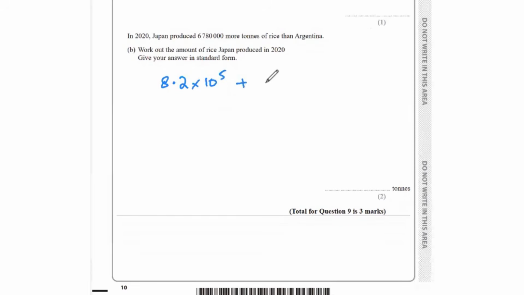And to this we add 6.78 times 10 to the power of 6. I converted 6,780,000 into standard form because they want the answer in standard form. So when I convert this in standard form, I move the decimal 6 places to the left-hand side now.